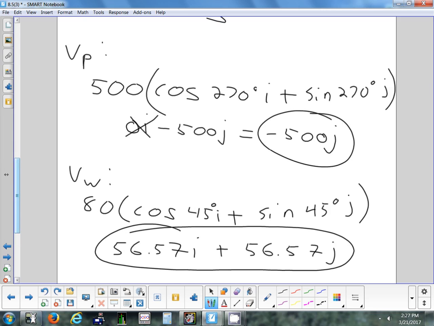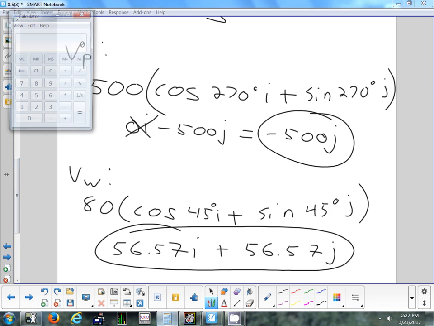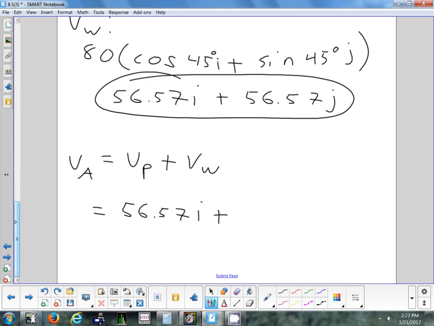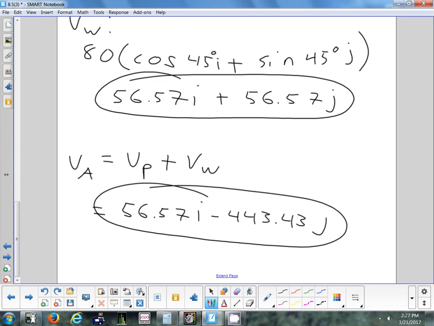Is there a J component for the wind? Yep, we need to add those together. Negative 500 plus 56.57. So negative 443.43. It's actually negative. That is the velocity vector for the plane.